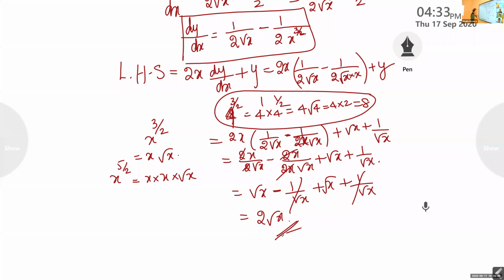Similarly, 5 by 2 means it is 2.5, so 2x into 0.5, that is x squared into x raised to half, root x. Next year you will want all these things, we will be using this type of questions. What about x raised to 7 by 2? 3.5, isn't it? So that is x cube into root x.